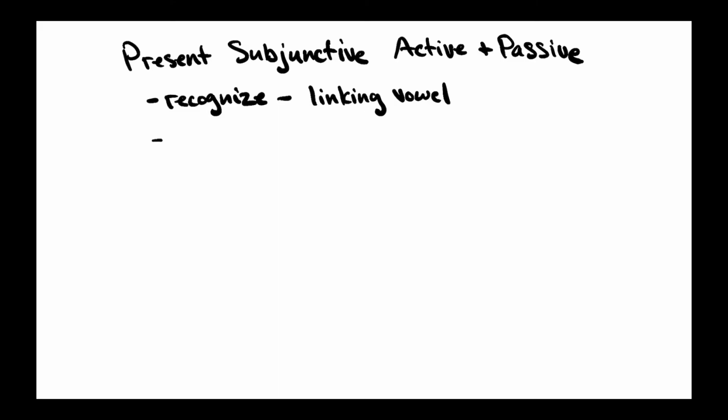I'll write this all out in a second here. But if you can remember, "we fear a liar," then you can do the present subjunctive in both the active and the passive.